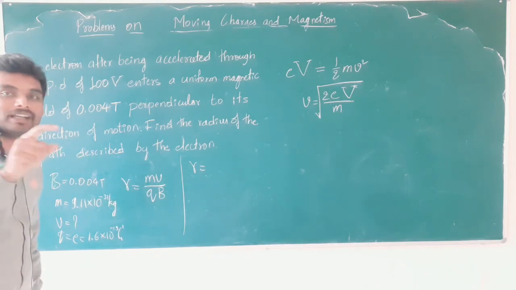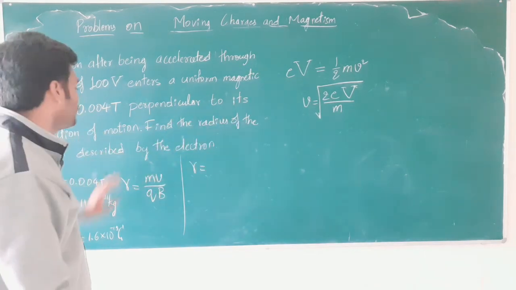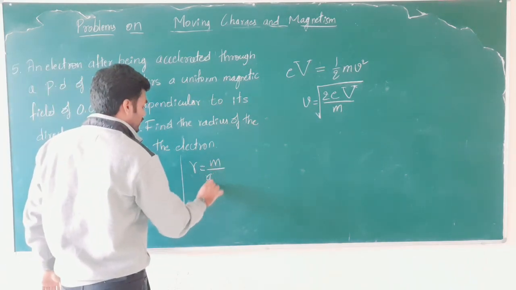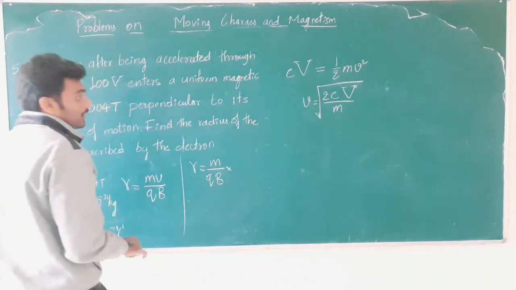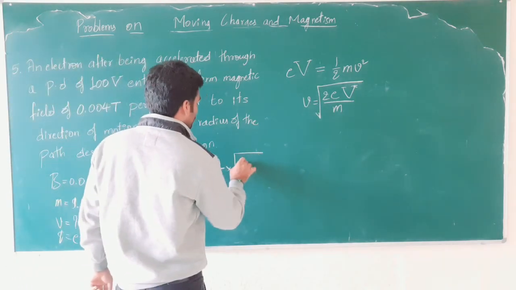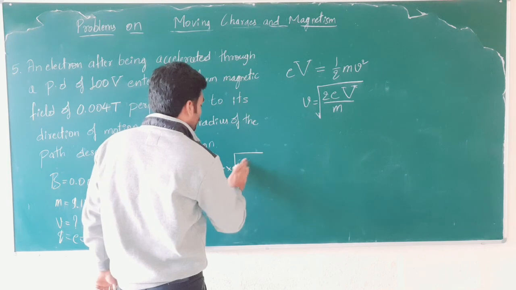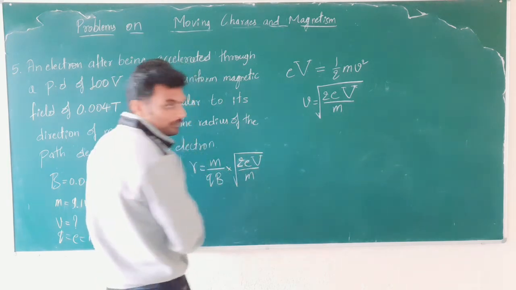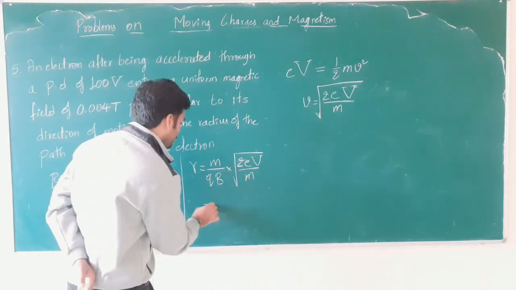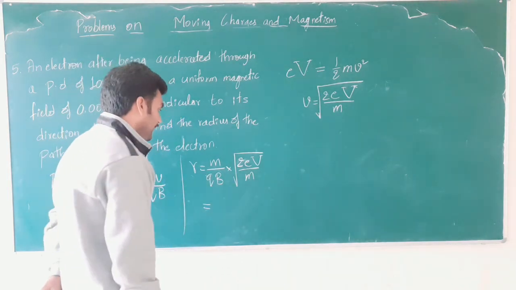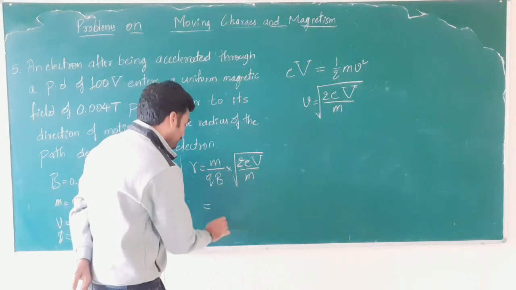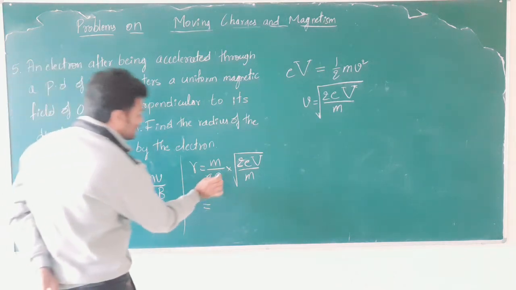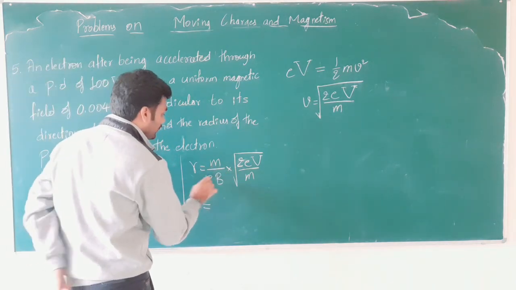If the value of v is asked, you should calculate v and then put the value of v into this. Okay, so R is equal to m by qB into v, and v is under root of 2eV by m, right? Now look at this, m and m get cancelled, it is root m, so one of the m remains in the numerator. What is q? q is e itself, the charge of the electron.